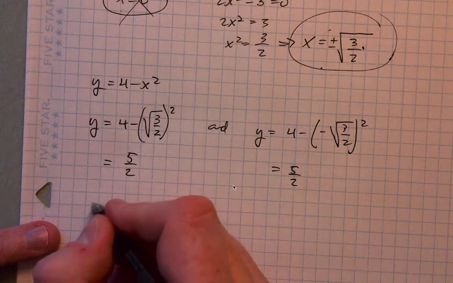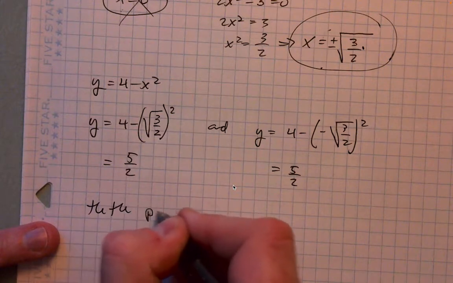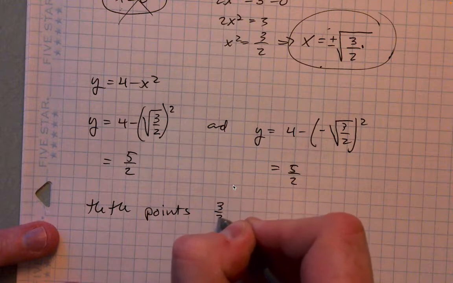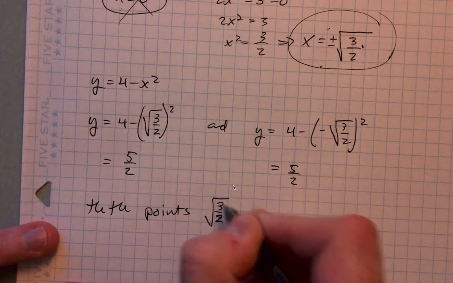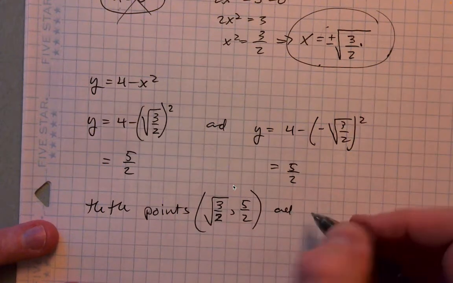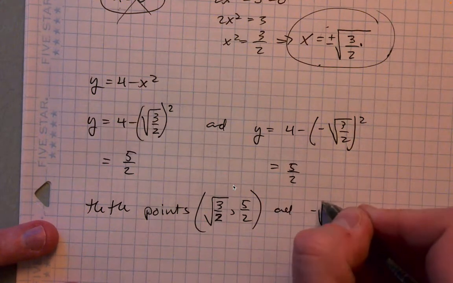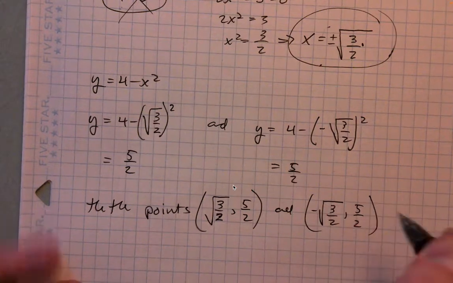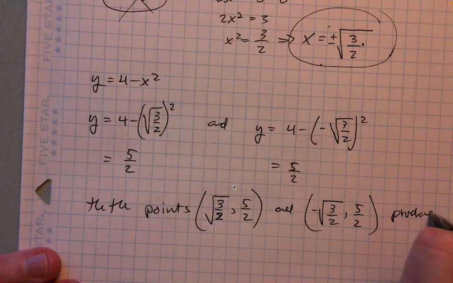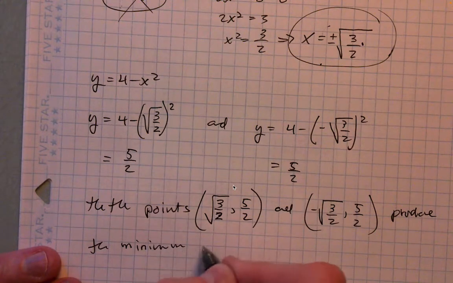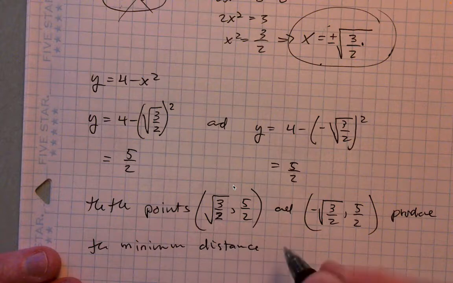So basically the points square root of 3 halves, comma 5 halves, and negative square root of 3 halves, 5 halves produce the minimum distance.